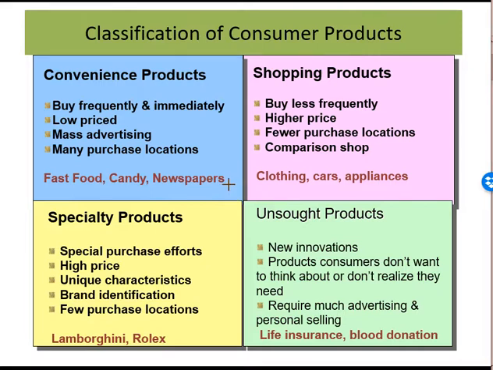They're almost a heuristic or a shortcut. Shopping products are bought less frequently and from fewer purchase locations, and so therefore we comparison shop. Specialty products are products that we want specific brand names for, and therefore we will make special purchase efforts to go and find them at their location.